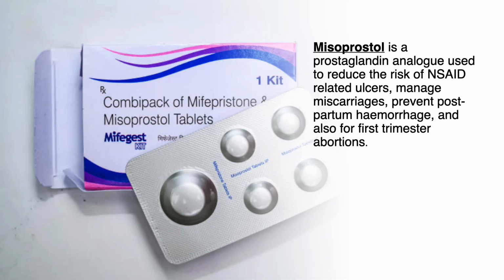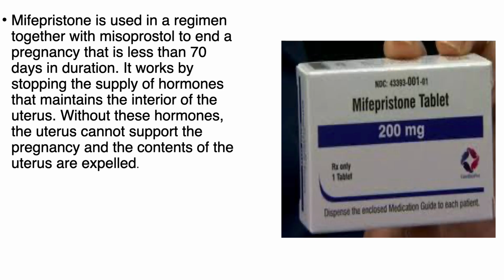Just a note on misoprostol. Misoprostol is a prostaglandin analog used to reduce the risk of NSAID, that is non-steroidal anti-inflammatory drug related ulcer, manage miscarriages, prevent postpartum hemorrhage, and it is also used in first trimester abortion. One more drug is mifepristone.